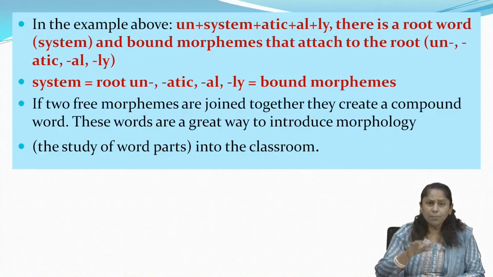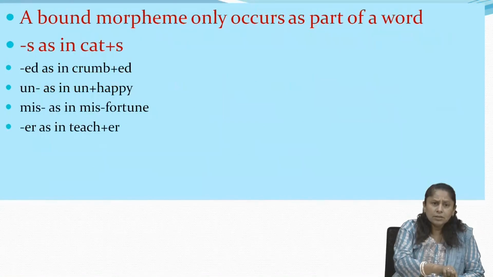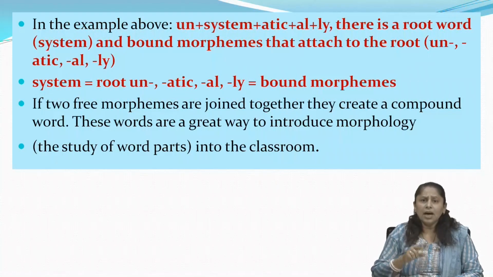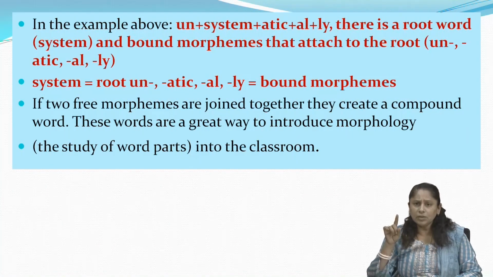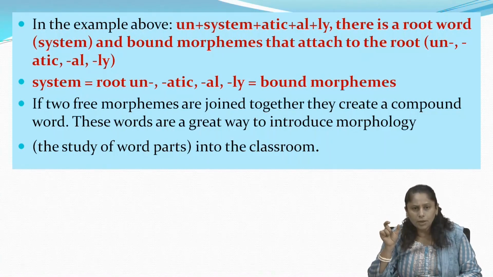Look, in the examples above, we had seen the words. Now again, unsystematically is the word which is taken over here as an example. Unsystematically has a root word, system. System is the main word.